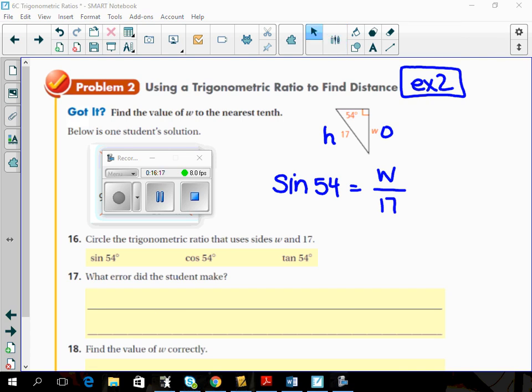Okay. Now, I want you to type into your calculator for me. Remember, we already put it in degree mode, right? The sine of 54. Go ahead and type that into your calculator. Tell me what you get. You get a number, don't you? The sine, cosine, and tangent are just functions. If you put an input in there, you're going to get an output. The input is 54.